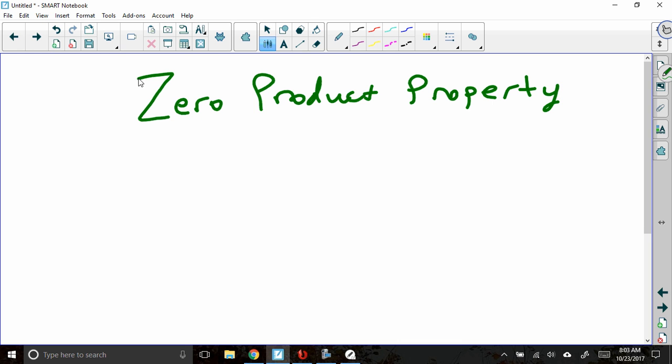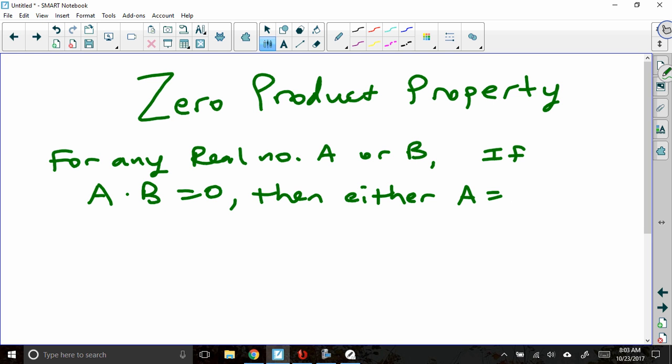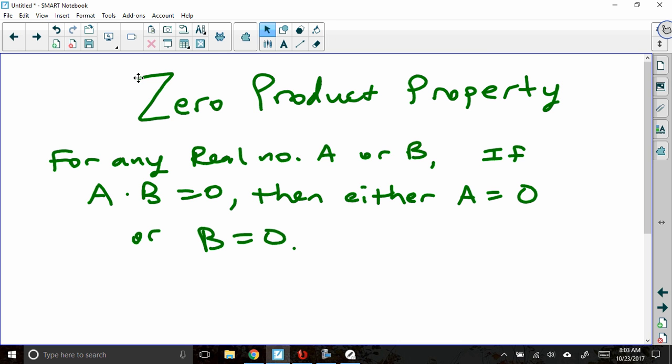The zero product property says for any real numbers A or B, if A times B equals 0, then either A equals 0, or B equals 0. It's called the zero product property. It's a really useful tool in solving quadratic equations.